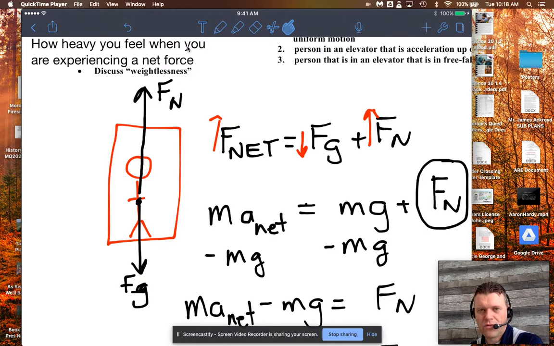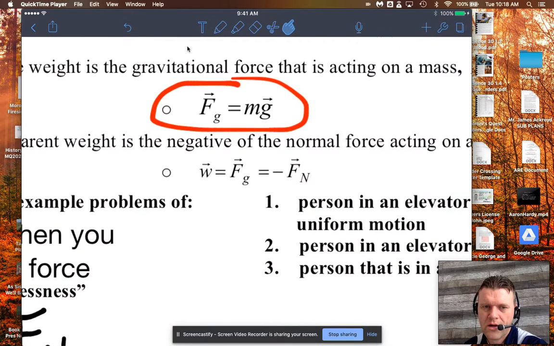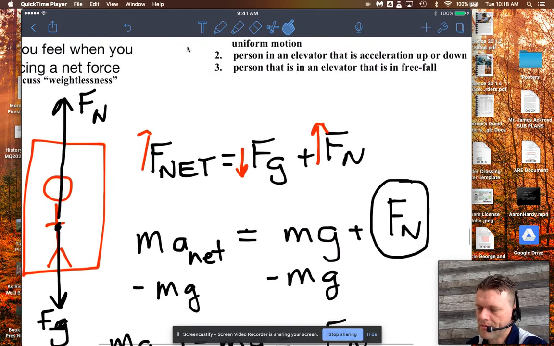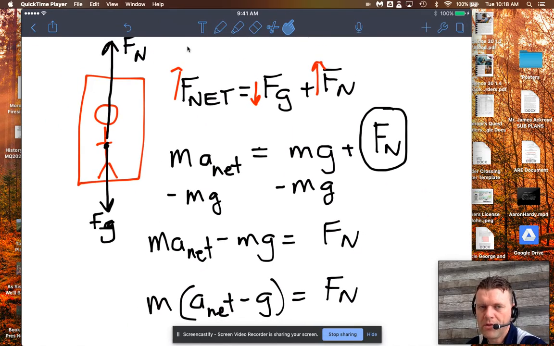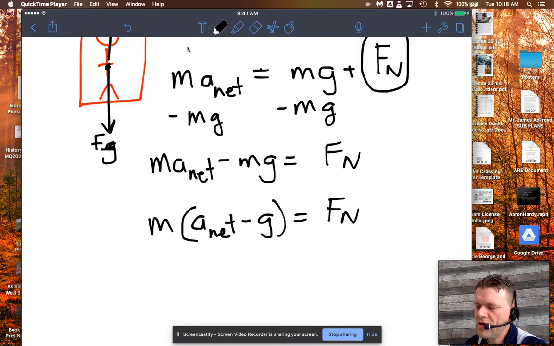But what you have to catch if you're solving for apparent weight is that, as it shows in this expression right here, apparent weight is equal to the negative of the normal force. It does show it's equal to the force of gravity in this expression, but that's if we're not moving. So to get your answers for net or apparent weight, which I'm going to post some of those shortly, you can use this expression here. And when you do it, you should account for the fact that gravity is negative.